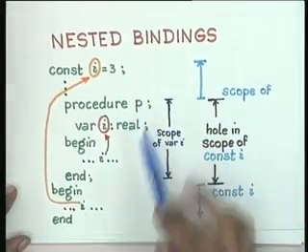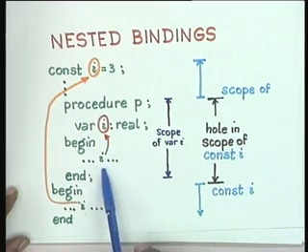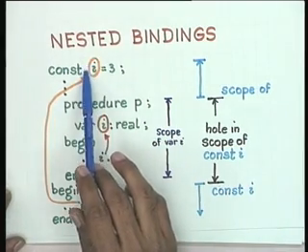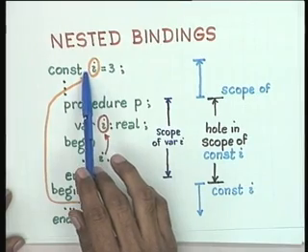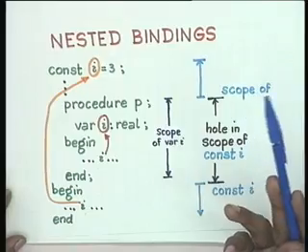Then the debugging process becomes quite complicated, because that I is considered to be global. So in this case, if you were the writer of the procedure P and you forgot to introduce this declaration, then this I will always refer to some global occurrence, and you will be wondering why your program doesn't seem to work as you expect.